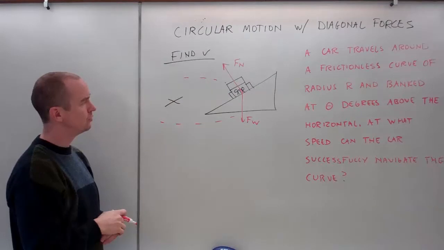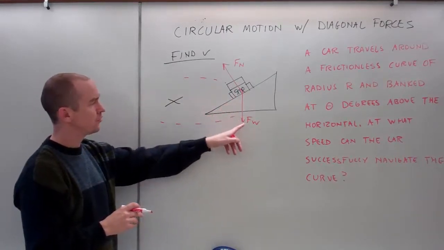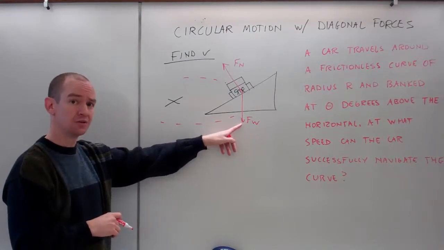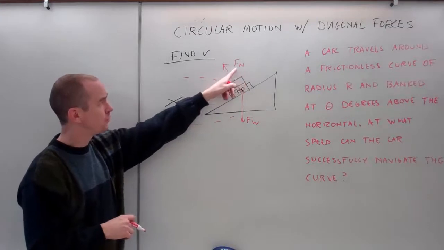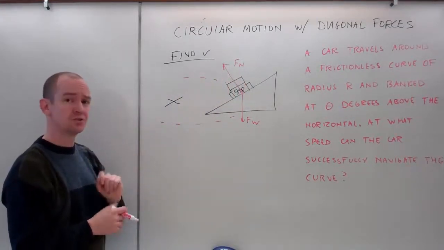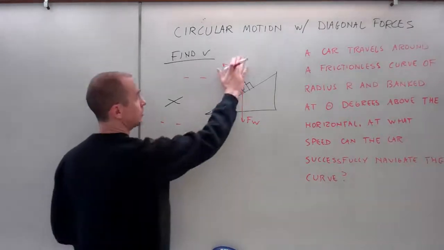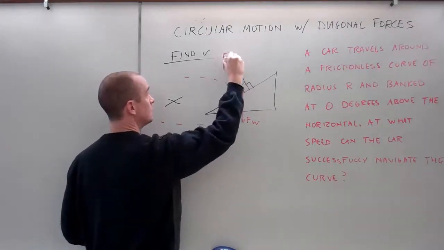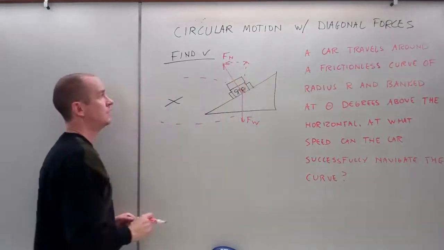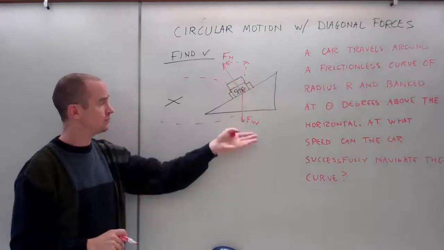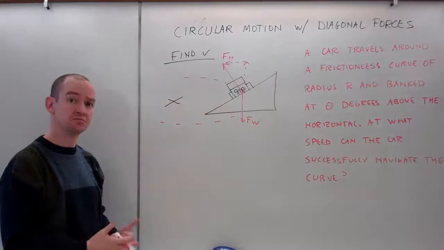If that's true, that must mean that the forces in the y balance out. Okay, that means there's a little bit left over force in the x. Therefore, I suspect that Fn is going to be greater than Fw. Thinking about the components, I have a little bit of normal force balancing the weight, and the remaining normal force is pointing towards the center of my circle. Great.